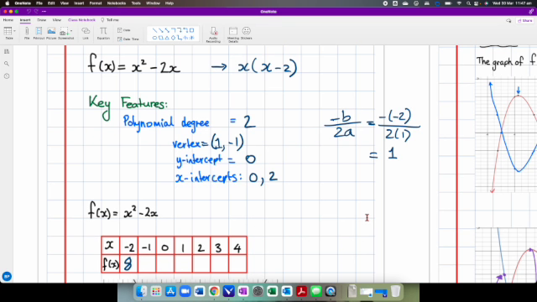If I put negative 1 in, I get 1 plus 2, isn't it 3? Am I right, 3? Yep. When I put 0 in, I've got 0. When I put 1 in, negative 1, which we already figured out up here. When I put 2 in, I get 0.